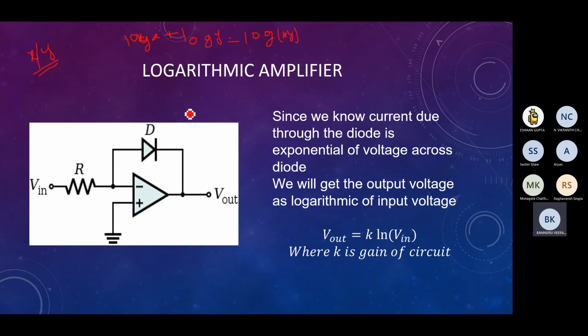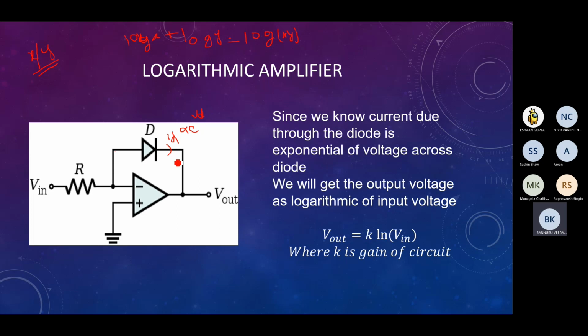So how does the logarithmic amplifier work? As we know, the current across the diode I D is proportional to e to the power of Vd, which is the voltage across the diode.